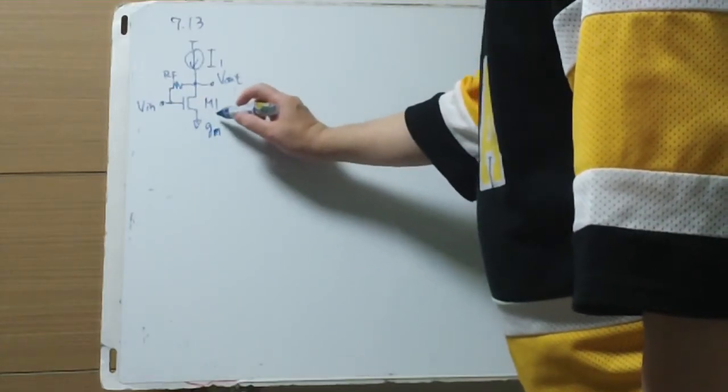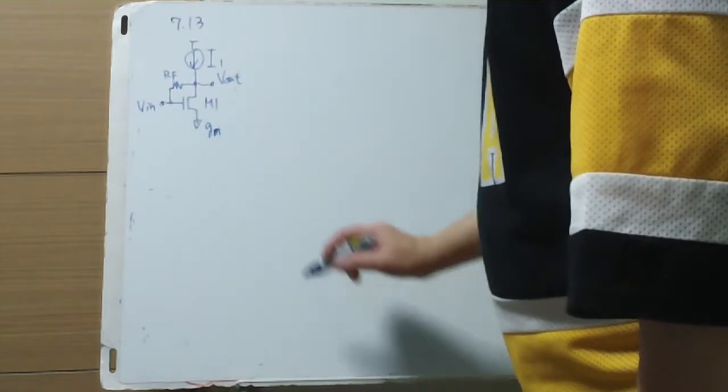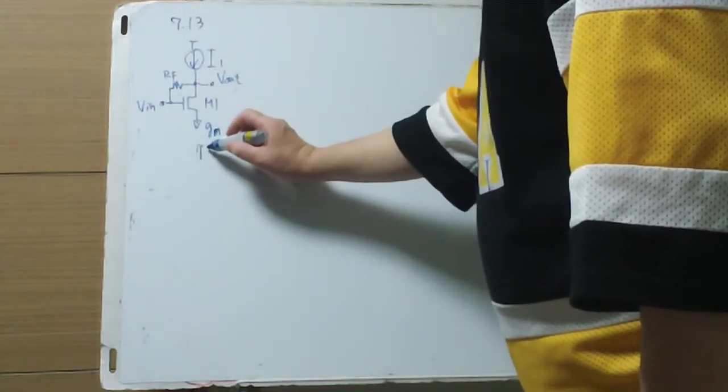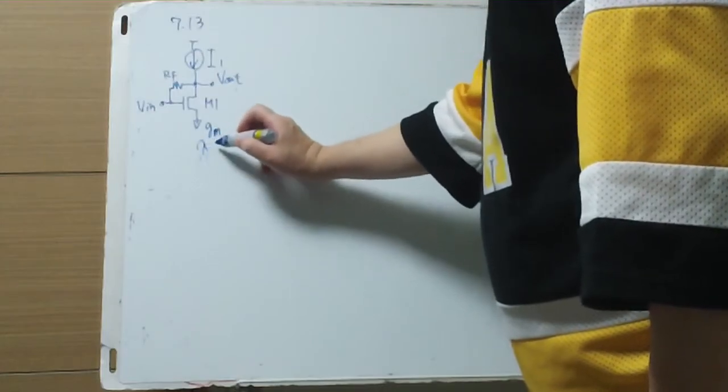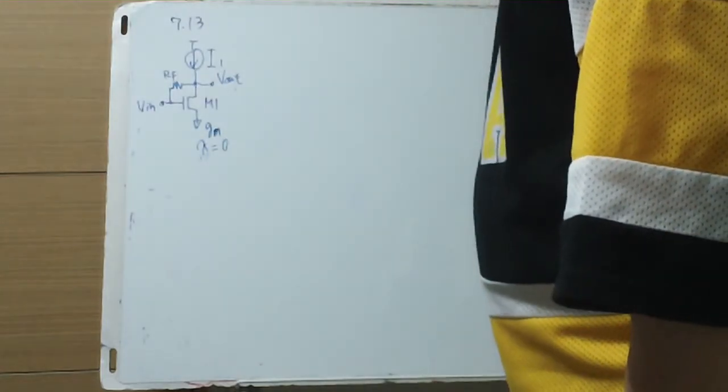The value is represented by gm, and in this case lambda equals 0.